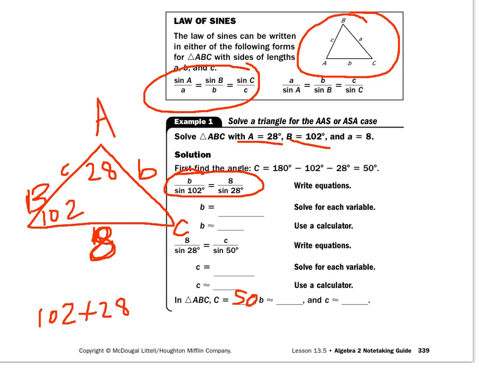So little b over the sine of 102 equals 8 over the sine of 28. Now if I just multiply both sides by the sine of 102, I end up getting 16.7 approximately.